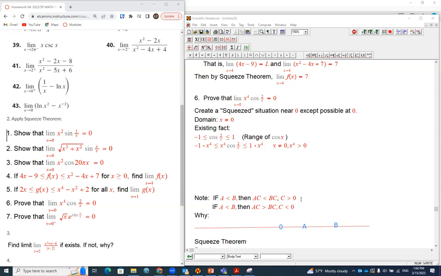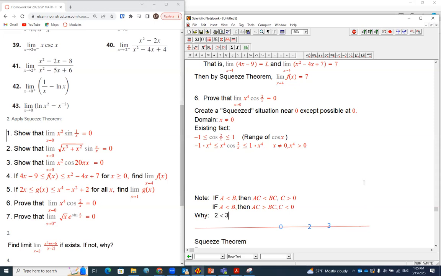The first one is easy to understand. The second one, if A is less than B, but we multiply by a negative number, C is negative. Let me give you a concrete example. Suppose over here is 2, over here is 3. We know that 2 is less than 3.